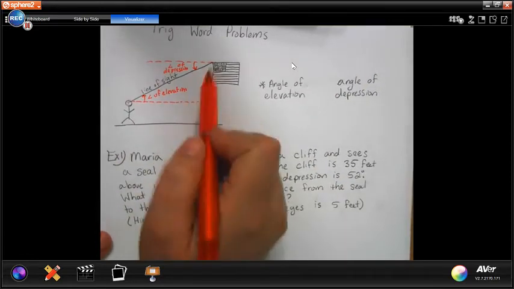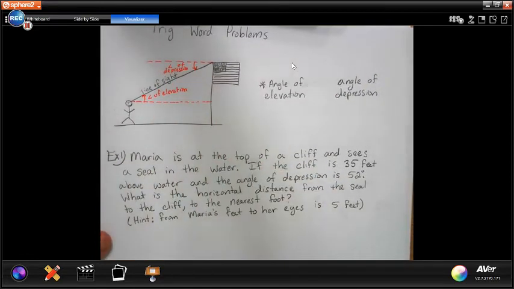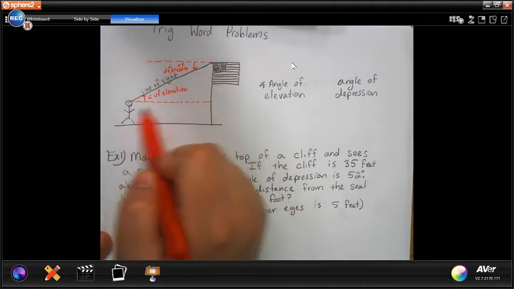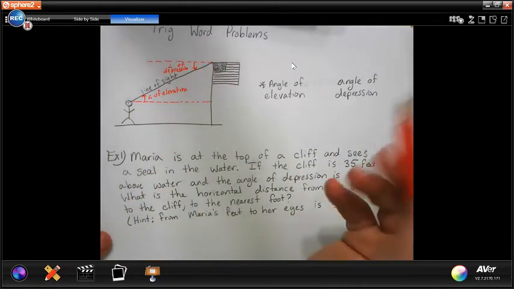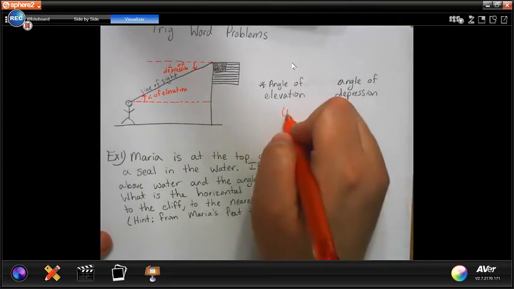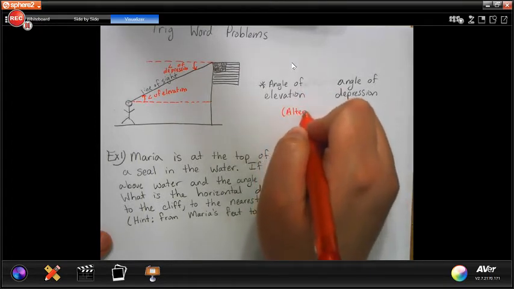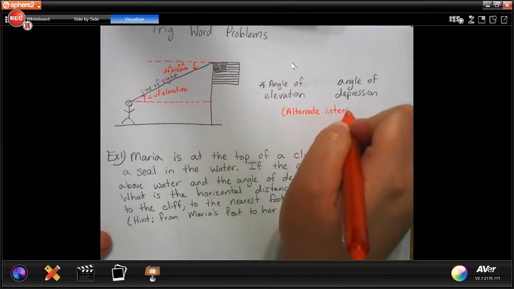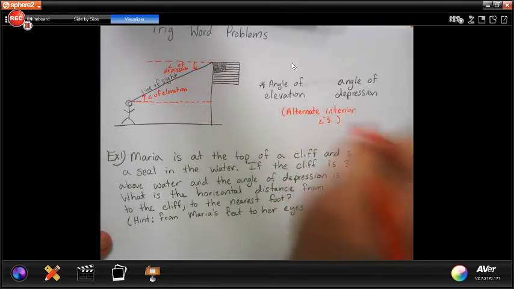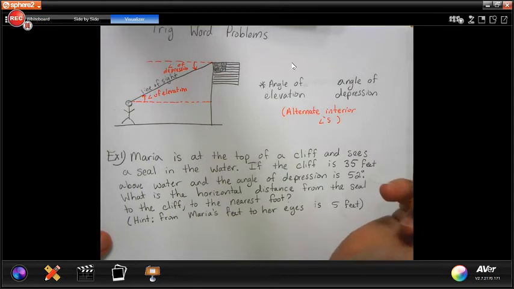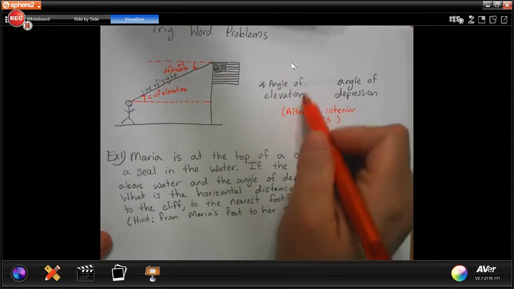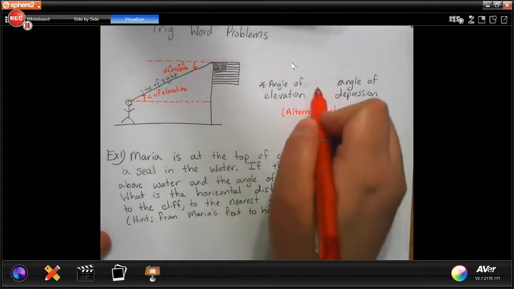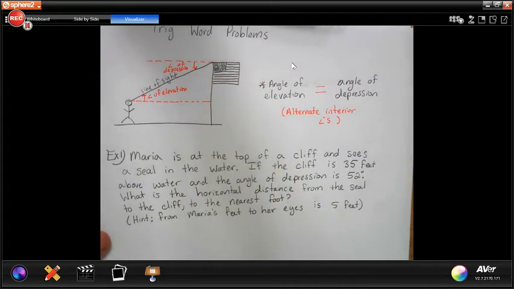Those horizontal lines are parallel. If you notice, that makes these two angles make that Z shape. Those are called alternate interior angles, from chapter 5, from the beginning of the semester. Angle of elevation and angle of depression are alternate interior angles, and if you remember, alternate interior angles are equal.